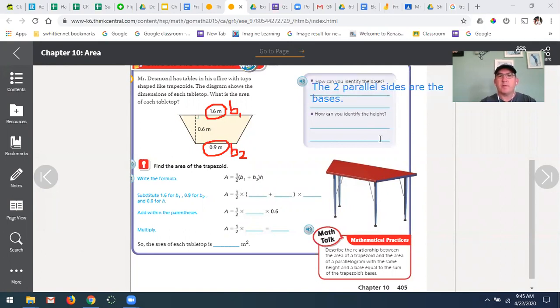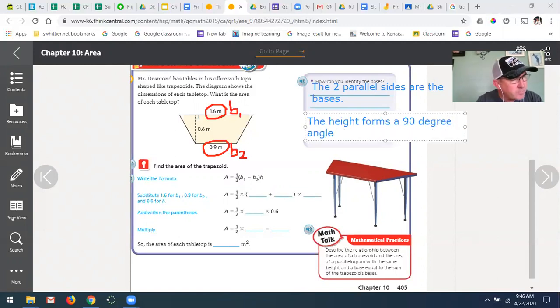Okay. How can you identify the height? The height is the straight line in between the bases and forms that 90-degree angle. Height forms a 90-degree angle with each of the bases.